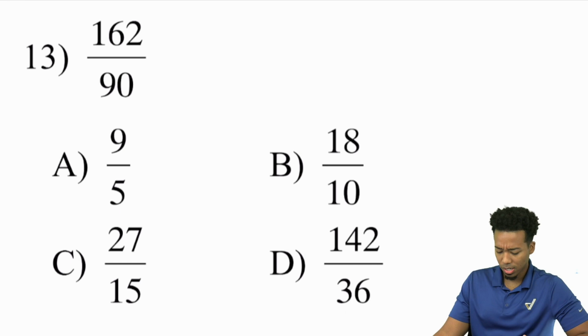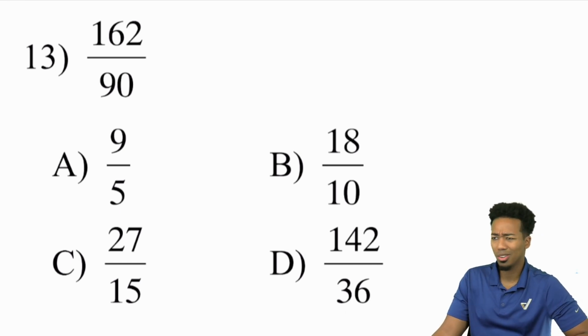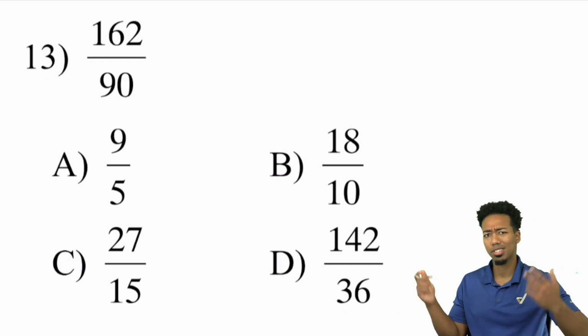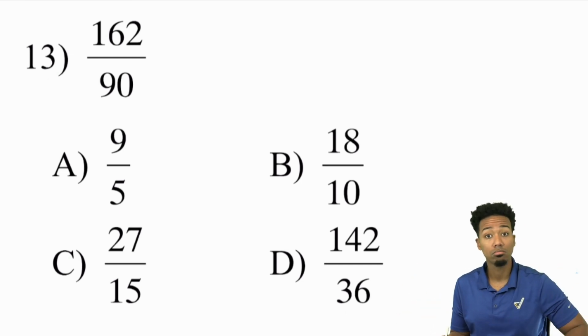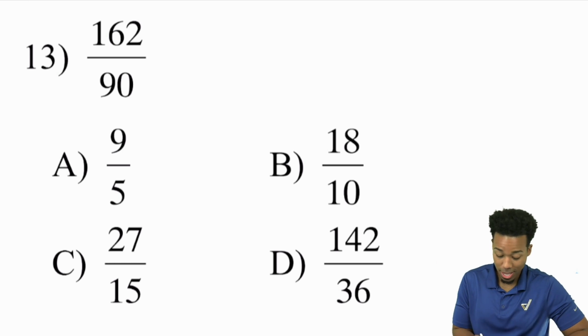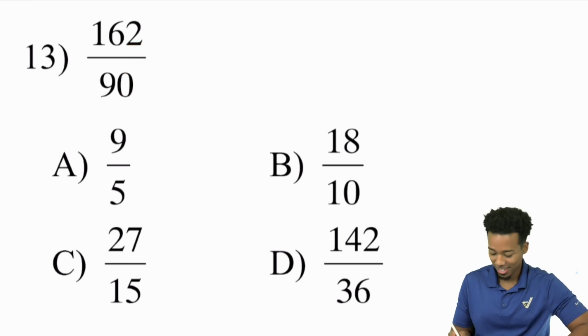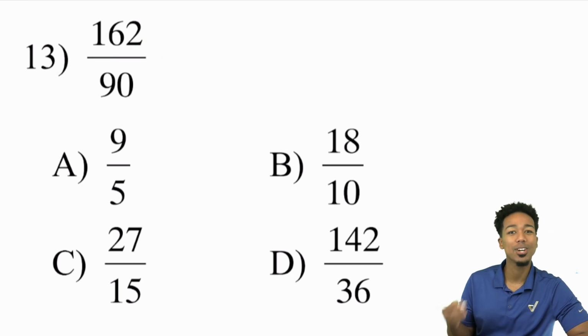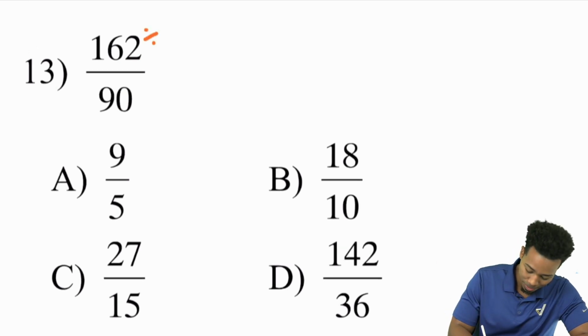So 162/90, you might be looking at that and saying, I don't know what the greatest common factor is. I don't know what the biggest number is. Start small. What's a number that I can divide into both the numerator and denominator? Typically, when you have two even numbers, like 162 and 90, remember, with even numbers, you can always divide them by 2.